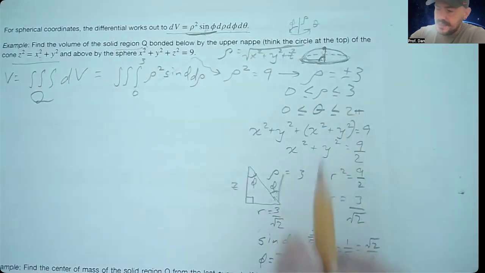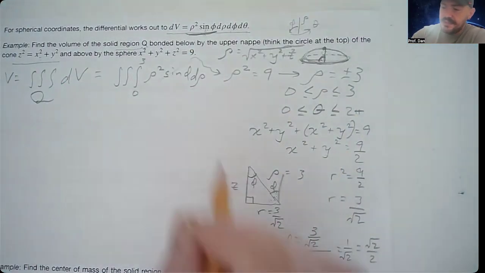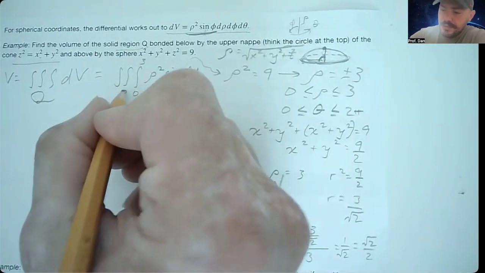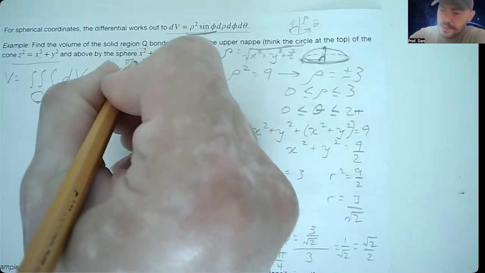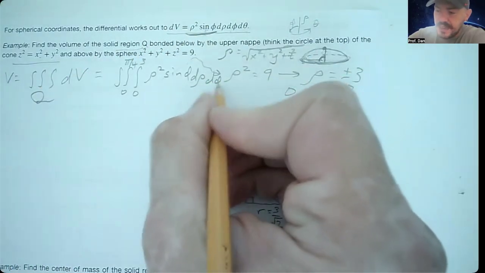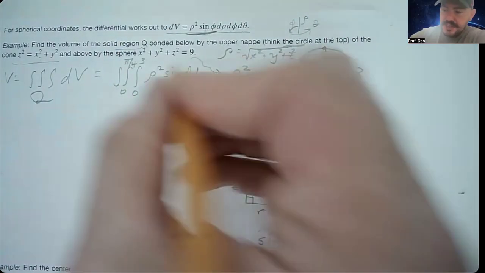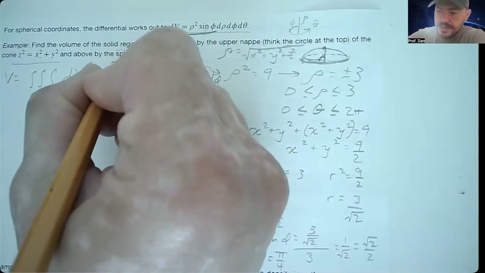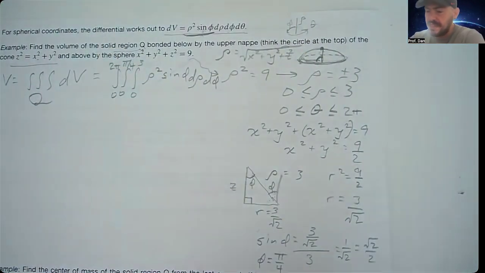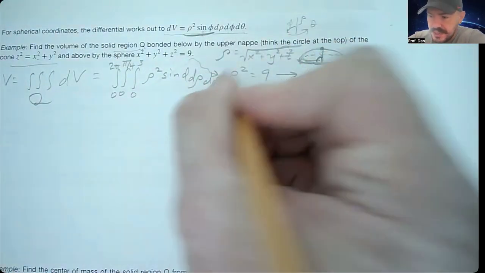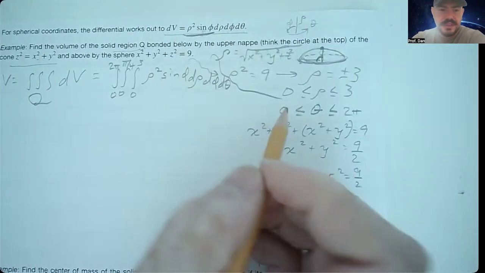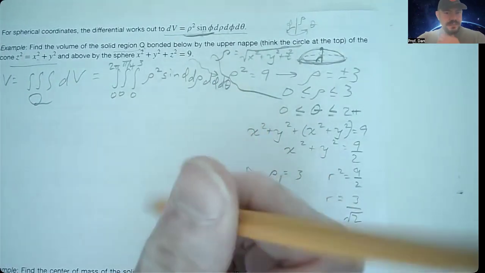I know that phi is going to range anywhere from 0 to pi over 4, and then put my d phi. And then theta, as we mentioned, is going to range anywhere from 0 to 2 pi. And then I write my d theta, and I have my complete integral to get the volume.